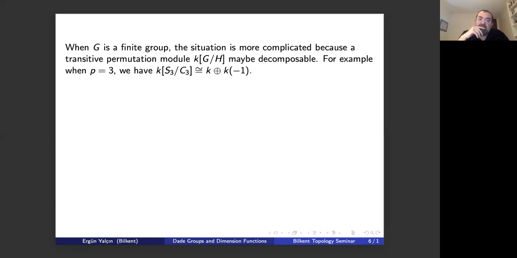But for finite groups, when you take a transitive G-set, say G over H, K G over H may decompose. There are many examples of this situation; one example I wrote here is S3 modulo C3 and prime 3, where K C2 decomposes as K plus K minus 1.